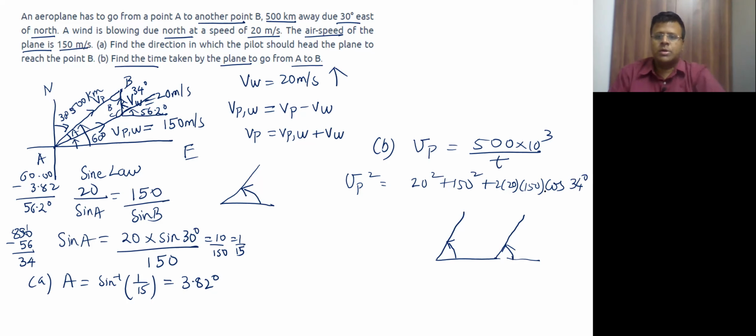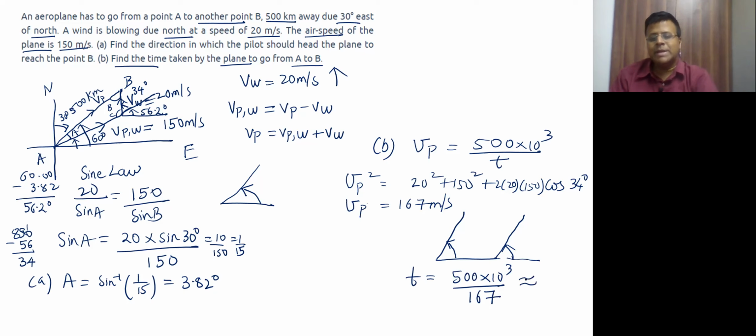Again, cos 34, you may require the logbook for calculating this. If you calculate this particular value of velocity, it comes out to be around 167 meter per second. You can calculate that at your leisure. So we can put this value of velocity here, and say time is equal to 500 into 10 raised to 3 divided by 167.